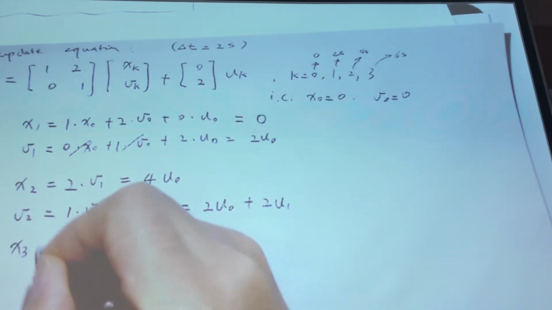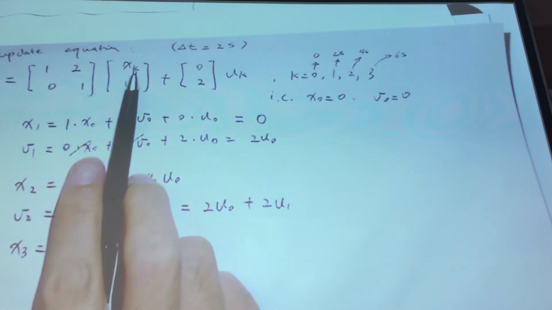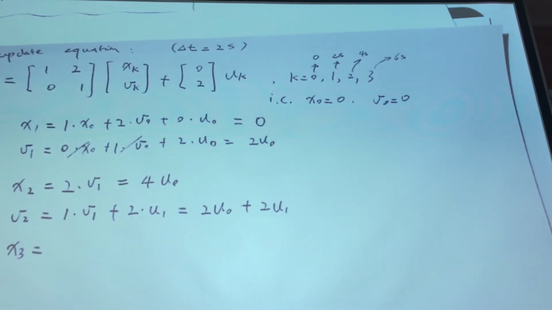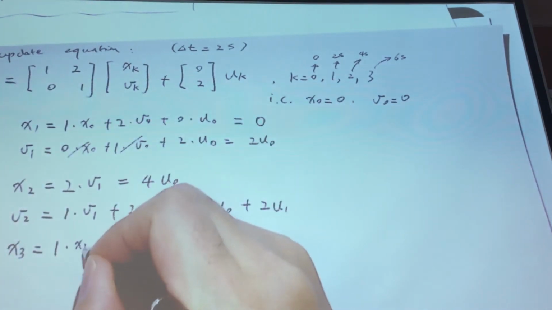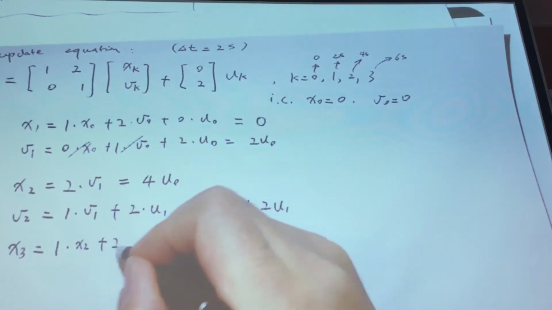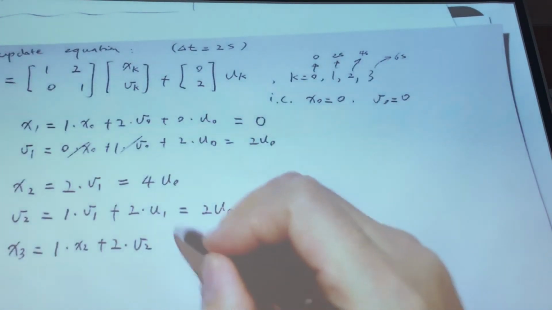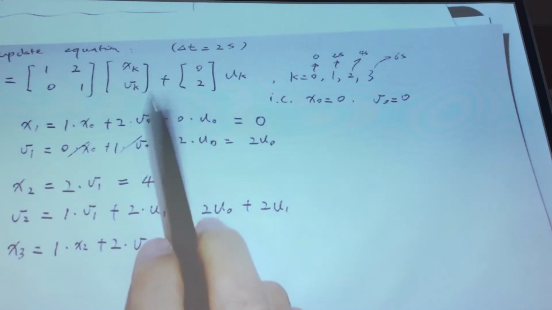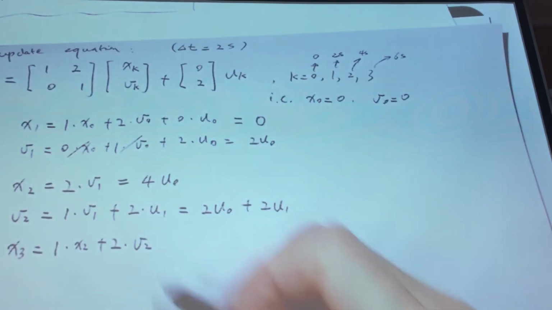So x3 is given by 1 multiplied by x2 plus 2 multiplied by v2 plus 0 multiplied by u2.